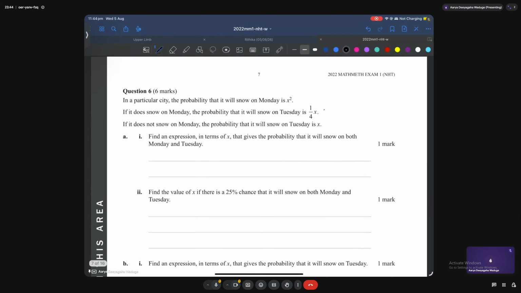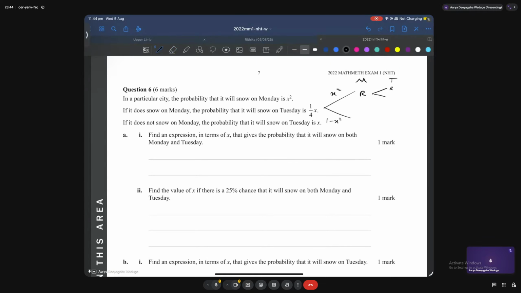So we basically have Monday and Tuesday, and there's just Monday and Tuesday effectively. So the probability that it rains on Monday is x squared. So the probability that it doesn't rain is 1 minus x squared. The probability that it rains here, does not rain here. So this is not raining. This is also these two.